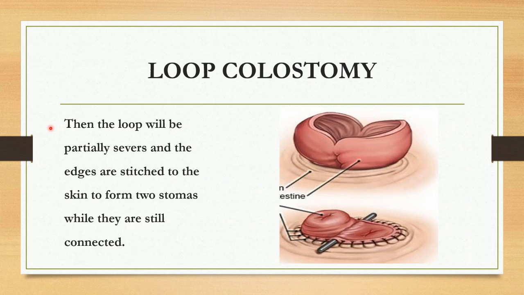Then the loop will be partially severed and the edges are stitched to the skin to form two stomas while they are still connected. In the picture, you can see the loop is partially cut and the edges are stitched to the skin to form two stomas.